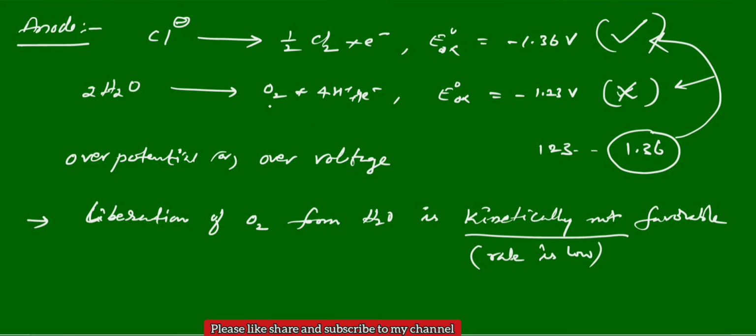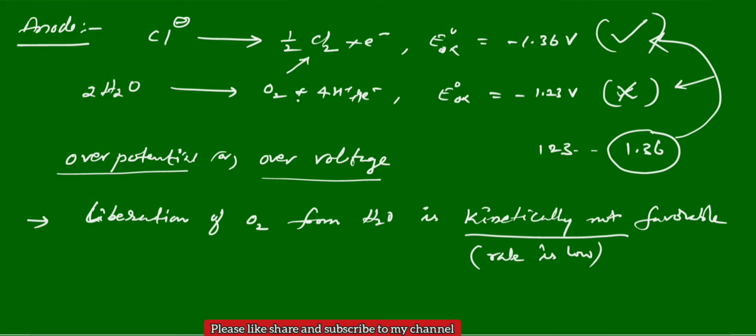So if you give the extra potential for the liberation of oxygen, instead of oxygen production, chlorine can move very fast towards the anode. Then chlorine can liberate. That is called overpotential or overvoltage. Due to the supply of some extra potential, instead of liberation of oxygen, chlorine gas can liberate preferably.